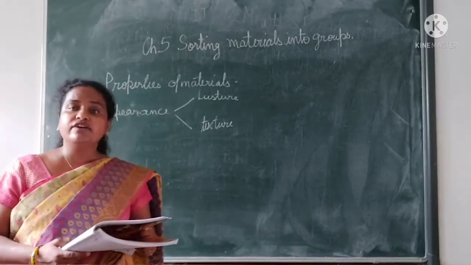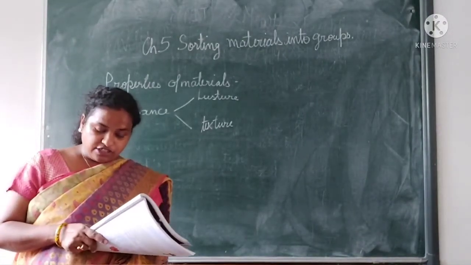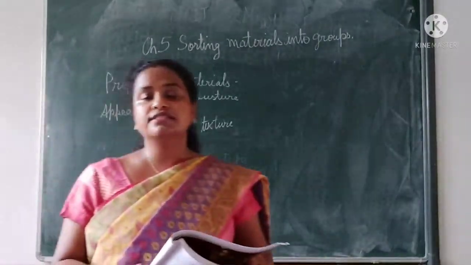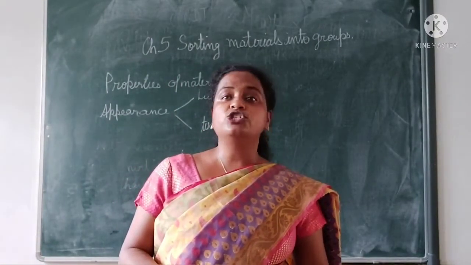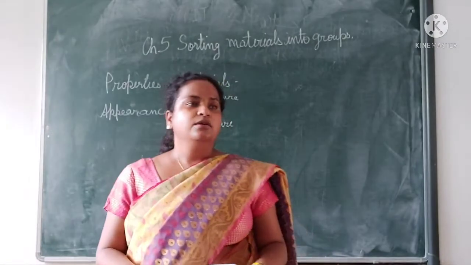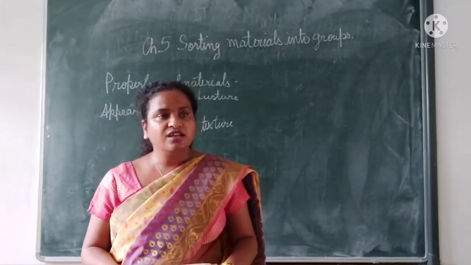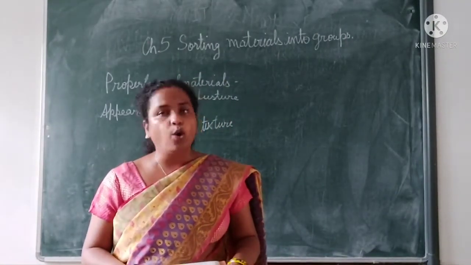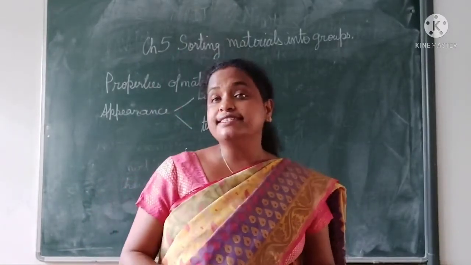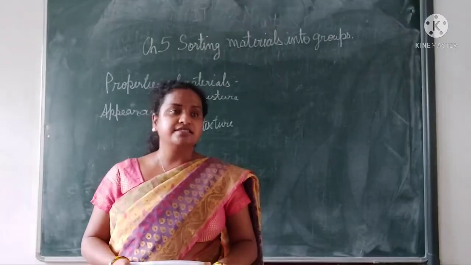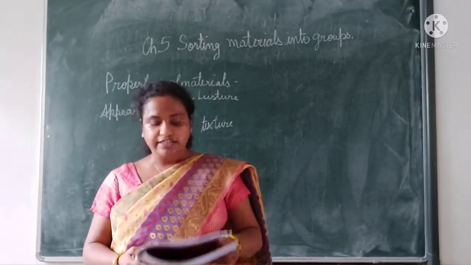Luster: the surface of a metal may appear shiny or dull. You must have seen that gold shines. Gold shines, silver shines, but wood does not shine. So this is appearance, whether it is shiny or dull.